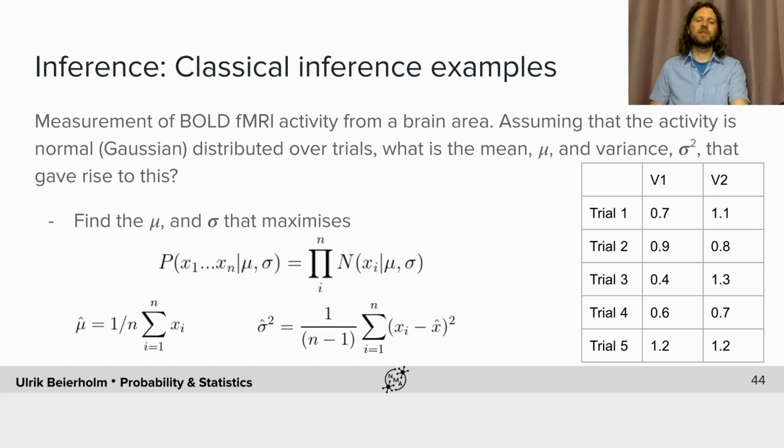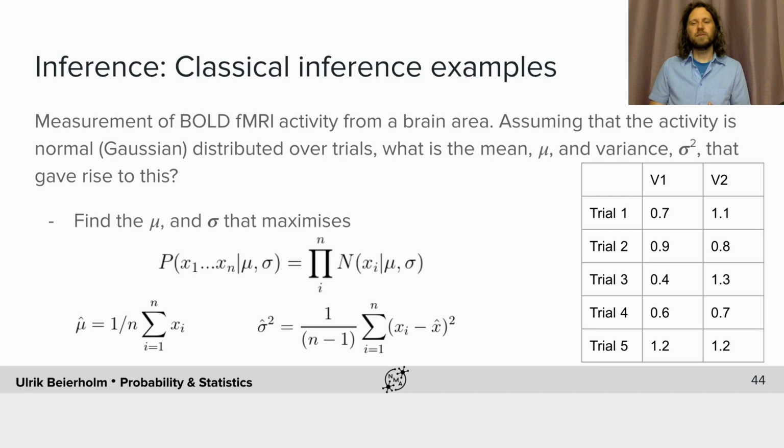So the likelihood of each trial happening, so the probability here of X given your mu and your sigma. If each trial is independent, then we can just multiply those likelihoods together to give the full likelihood of having this specific data set given an unknown mu and sigma.